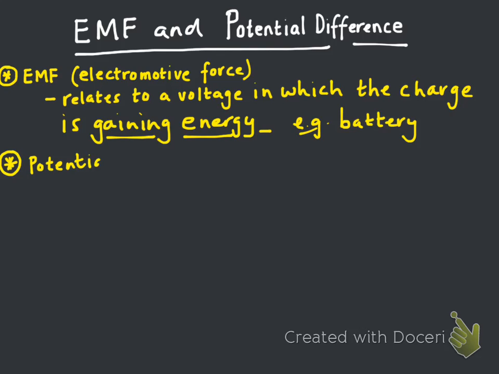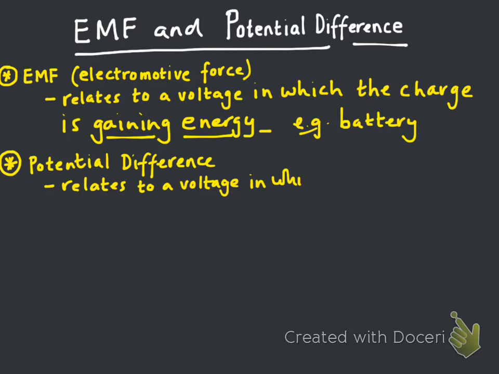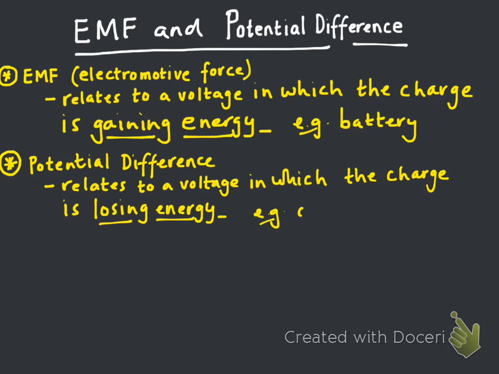In contrast, if we just use the word potential difference, we then are referring to a voltage in which charges lose energy. And a resistor is a good example of that. As charges move through a resistor, they lose energy by transferring that electrical energy into some other kind of energy.